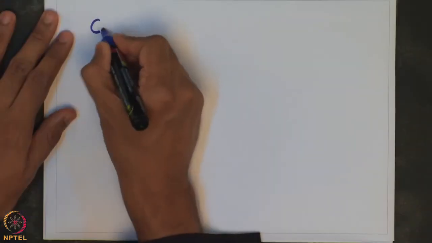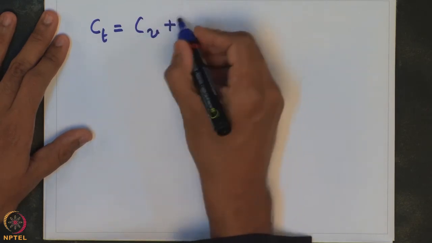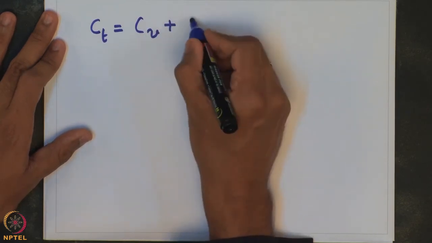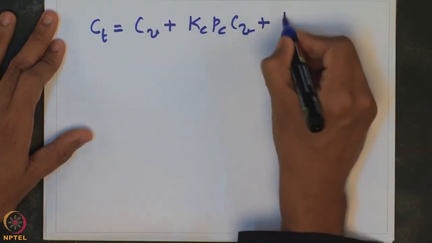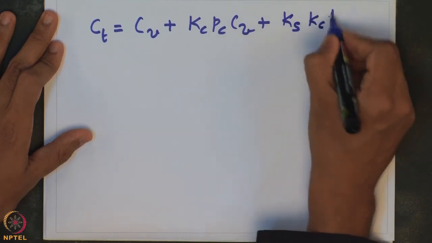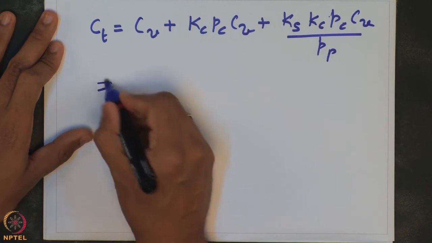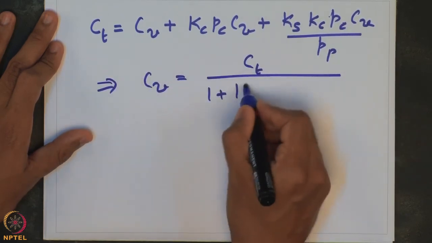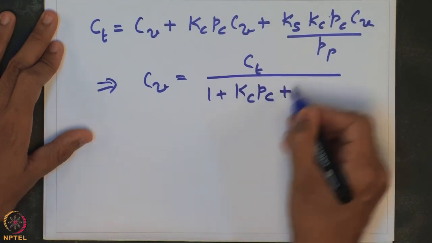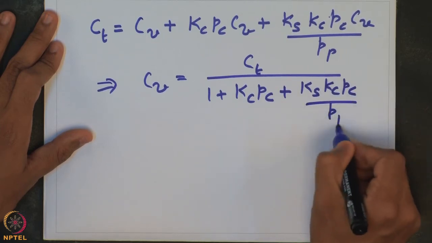So, we will find that the total concentration of the sites is equal to vacant sites plus Kc Pc into Cv plus Ks Kc Pc Cv divided by partial pressure of propylene, and from here Cv is equal to Ct divided by 1 plus Kc into Pc plus Ks Kc Pc divided by partial pressure of propylene.